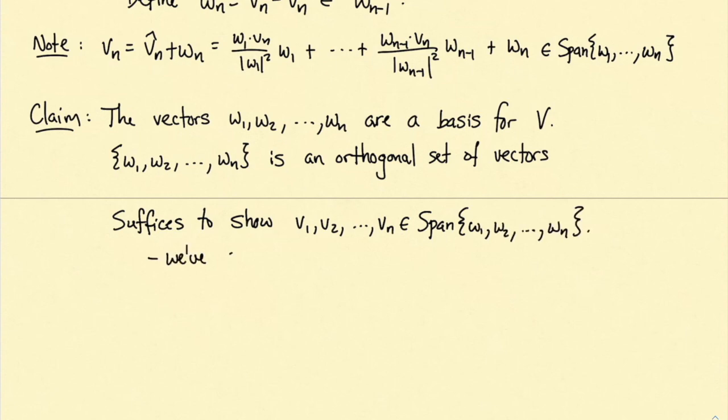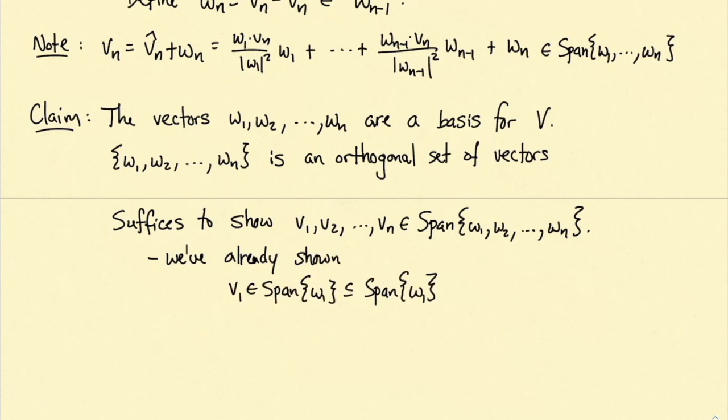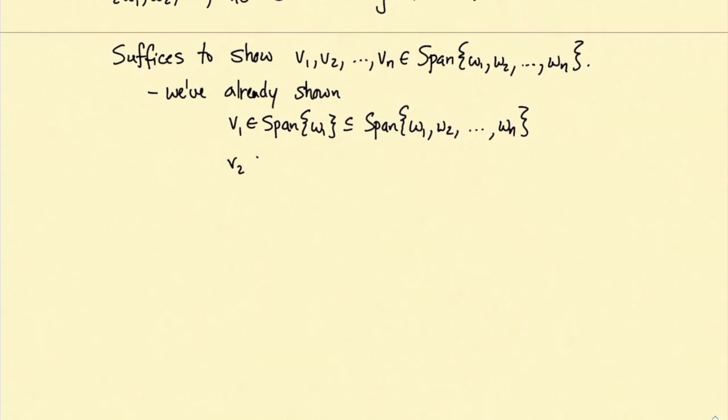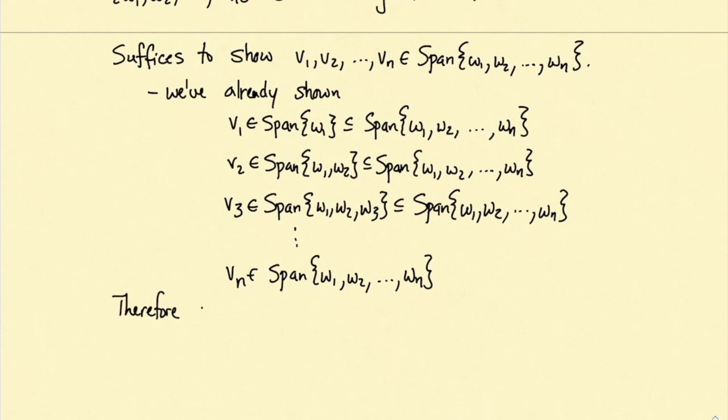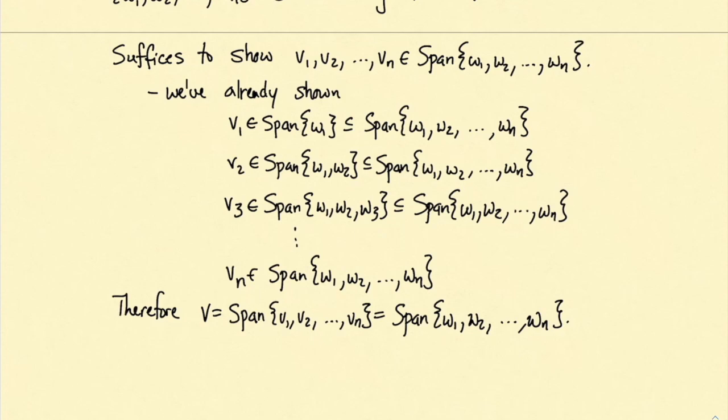But if you remember, at each step, we noted that V1 was in the span of W1, V2 was in the span of W1 and W2, V3 was in the span of W1, W2, and W3, etc., on down until Vn, which was in the span of W1, W2, all the way down to Wn. So we have already shown what we need to prove that W1 through Wn is in fact a basis of V.